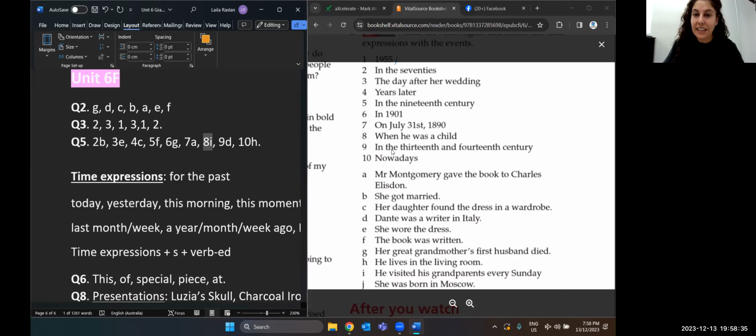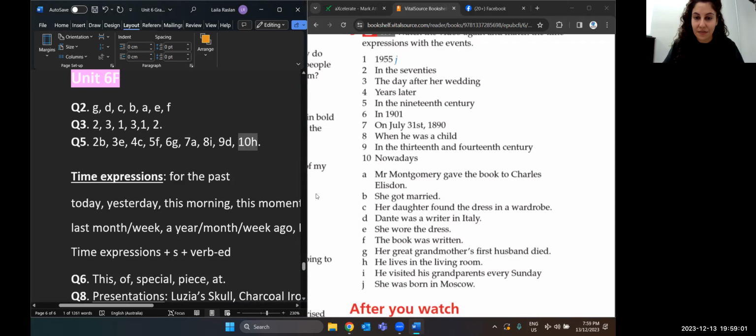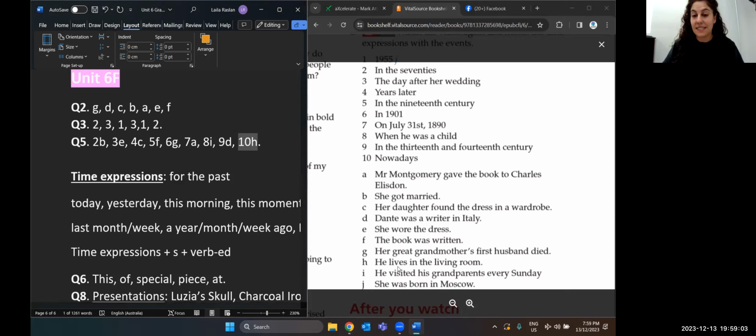And in the 13th and 14th century, so remember, century means every 100 years. So in the 13th and 14th century, what happened? Dante was a writer in Italy. So was comes from the verb to be. It's singular because he was. And nowadays, the last one, he lives.